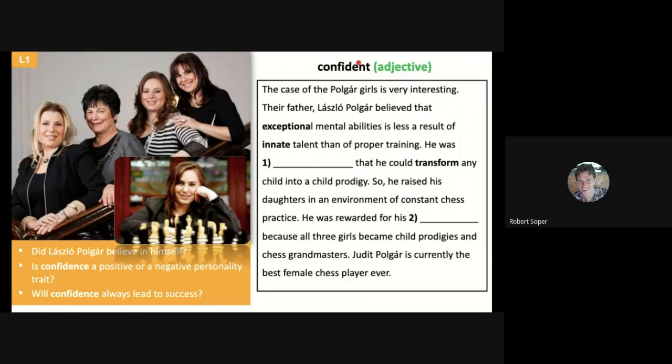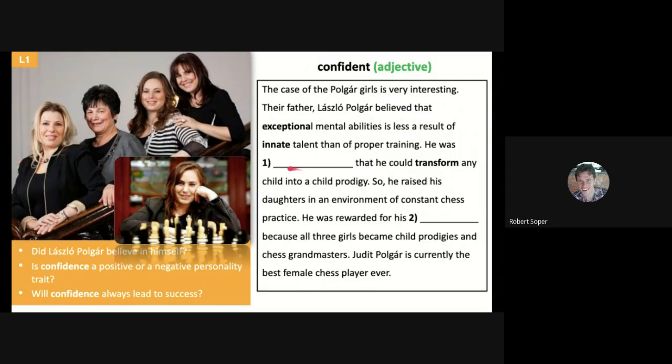Okay, let's go on. So the case of the Polgar girls is very interesting. Their father, Laszlo Polgar, believed that exceptional mental abilities are less a result of innate talent than of proper training.